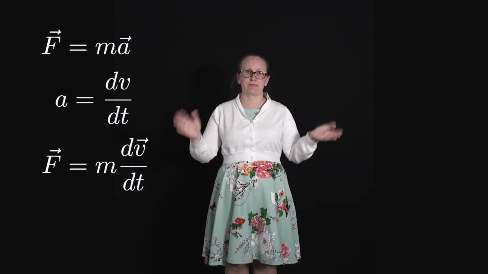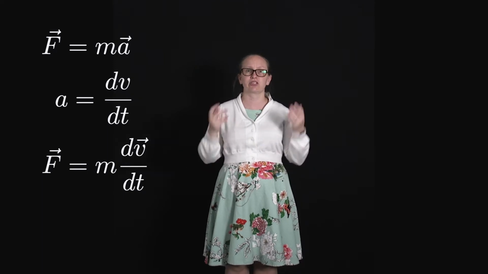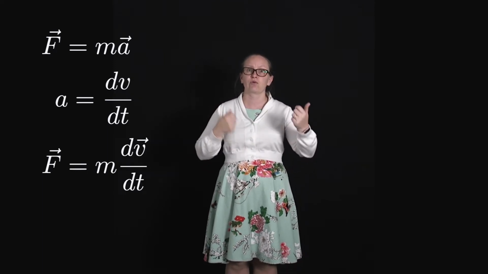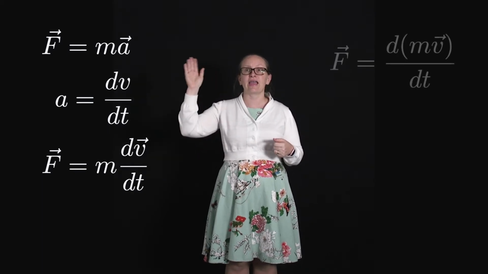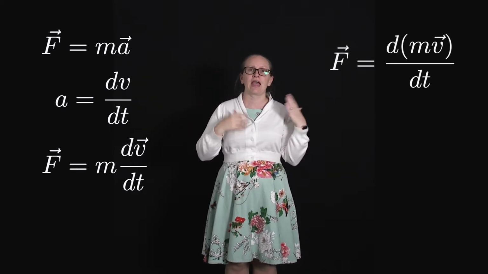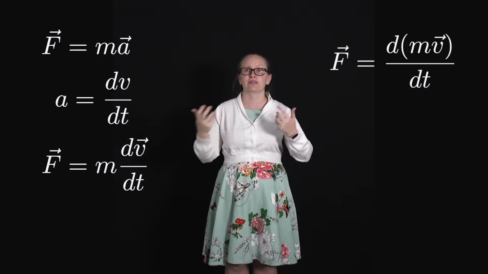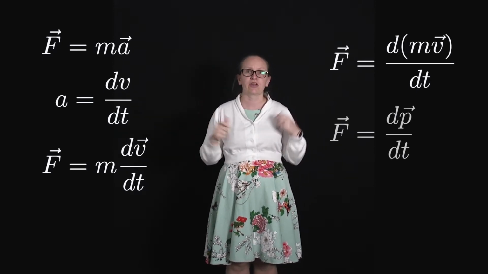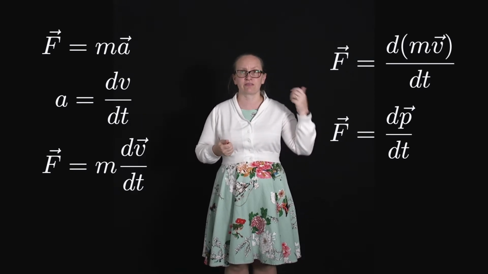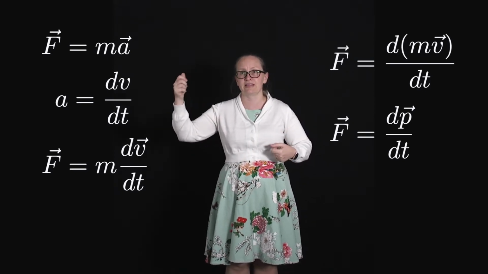As long as the mass of the object isn't changing, which in most of the situations we're considering, we don't have a varying mass, we can write this as d(mv)/dt. And we've seen that mv is the momentum with symbol p, so we can write this as dp/dt. So what we've shown is that the force is equal to dp/dt.